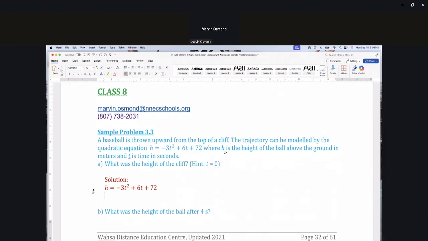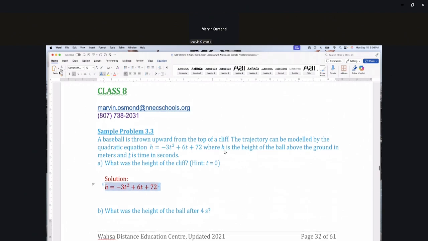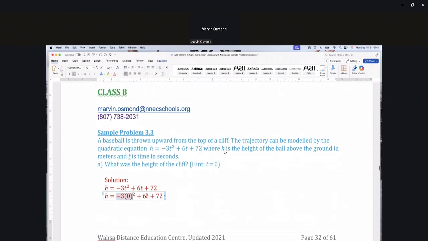Now the next thing we're going to do is the substitutions. Not that we need to in this particular case, but we'll do it anyway. I just want to illustrate a point. t in this case is 0. So if I replace t with 0 squared plus 6 times t is 0.